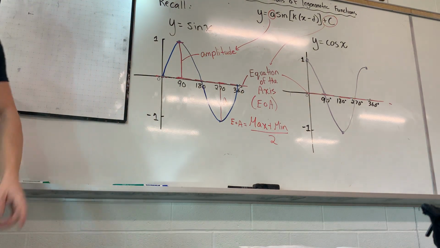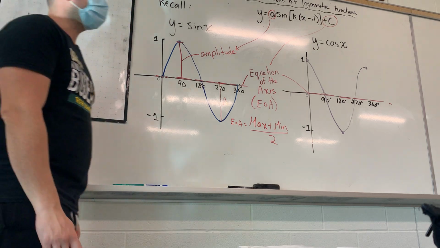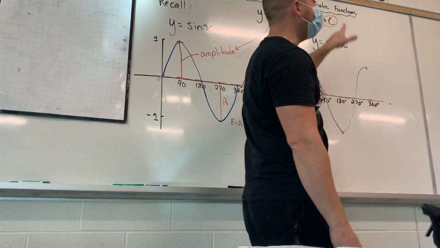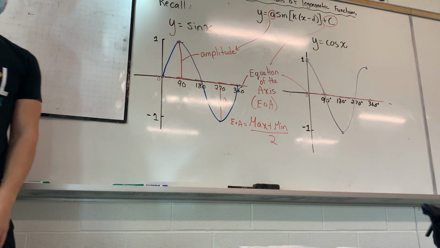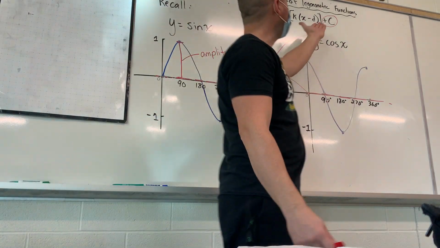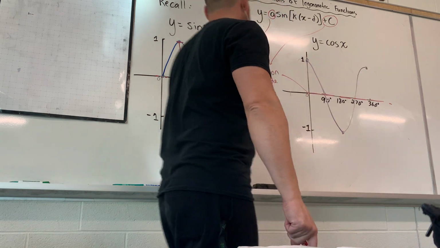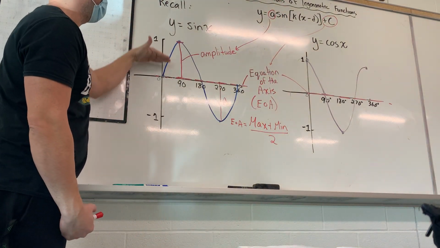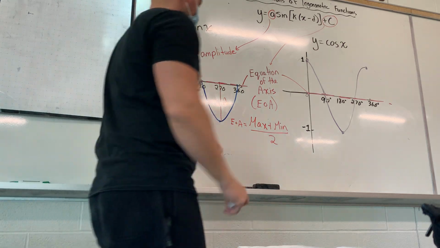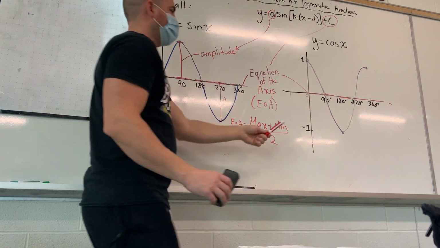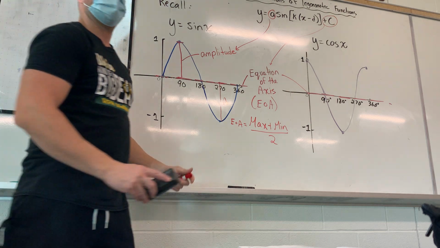It affects the period, so I'll give you the formula for that, okay? And then we have D. D is shift left or right, always the opposite. And your C value is how much it goes up or down. So that's the equation of the axis, we can move it up or down. So the whole thing would move up or down. Okay, so I'm gonna erase these. Everyone still copying this?